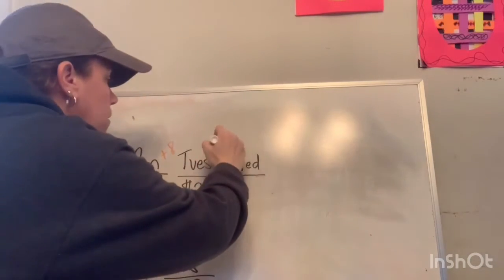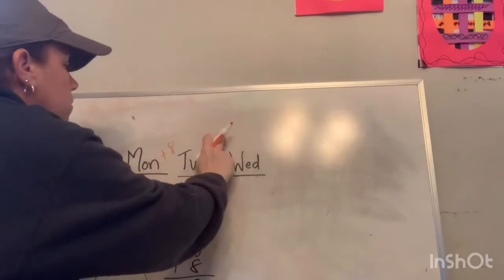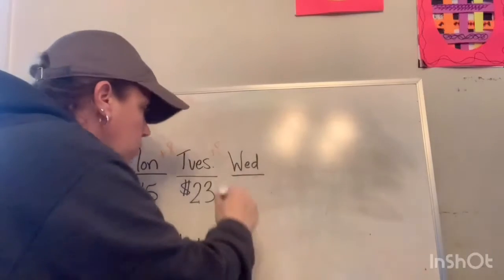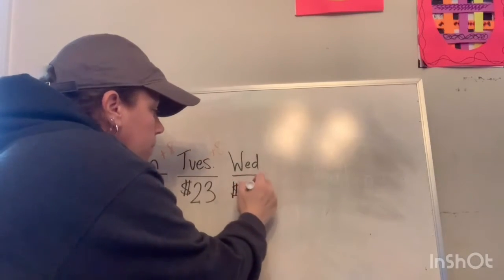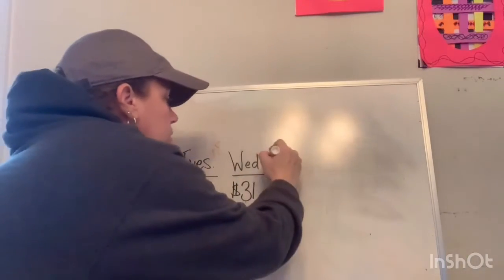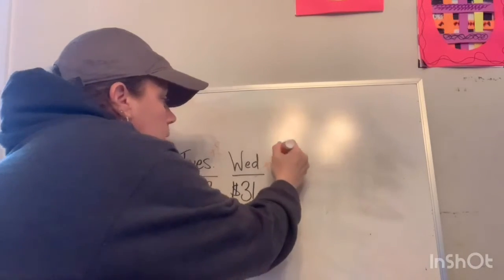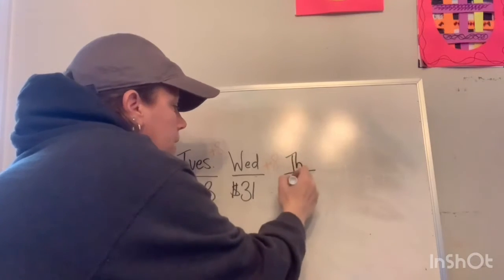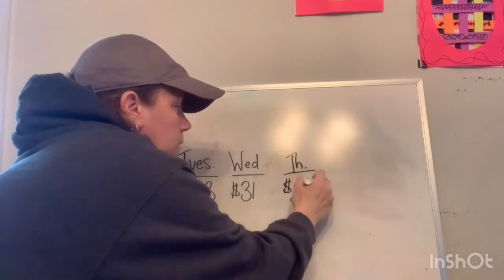So Tuesday, Tuesday he gets $8 more. So that would be 31. And then he earns $8 more. So that on Thursday, he has 39 altogether.